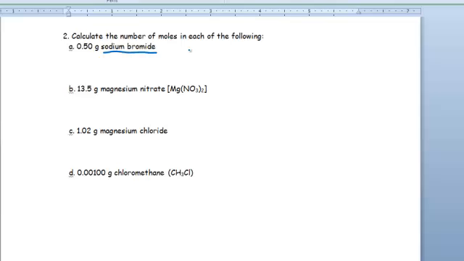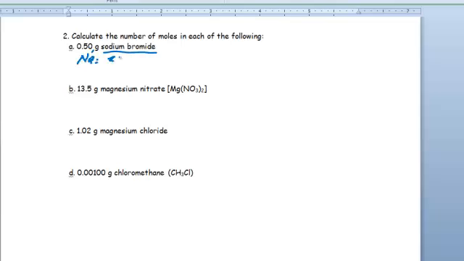But if you're thinking ahead a little bit, I think what you'll realize is when we put this into the calculation, we're going to flip the conversion factor, and this time we'll have 1 mole on the top, and then the molar mass on the bottom, and that'll allow us to make the transition from grams to moles. Okay, sodium bromide.